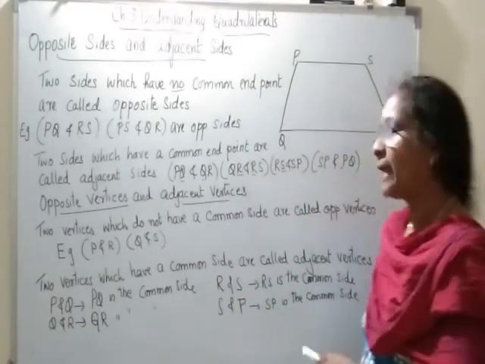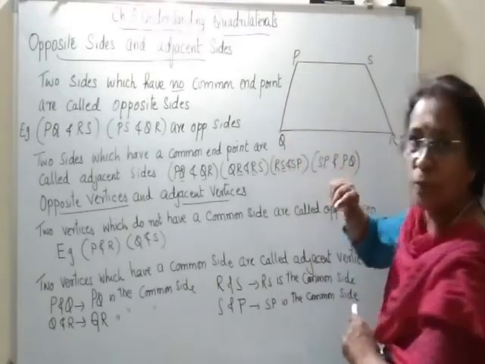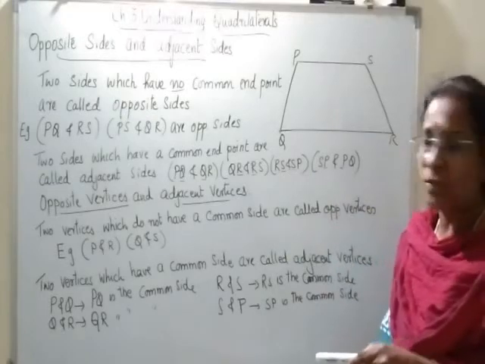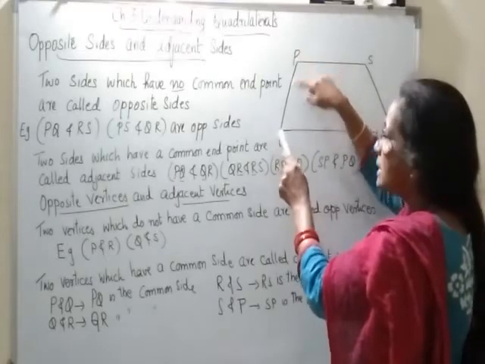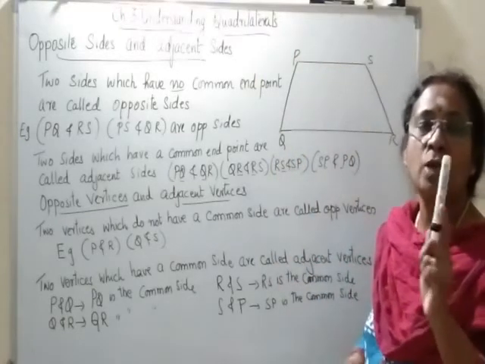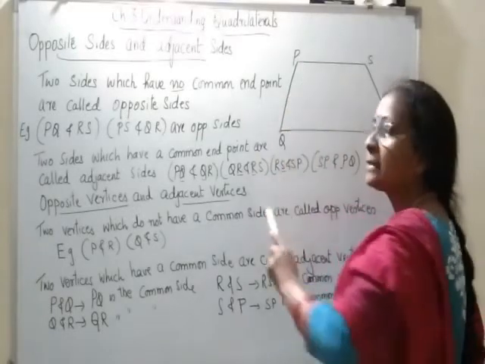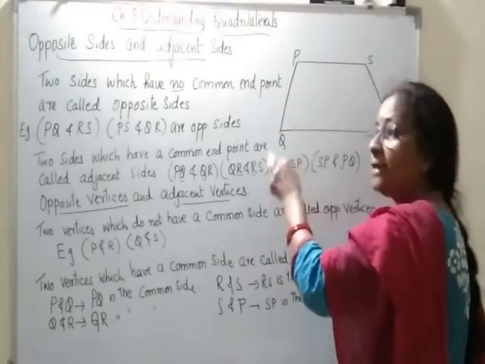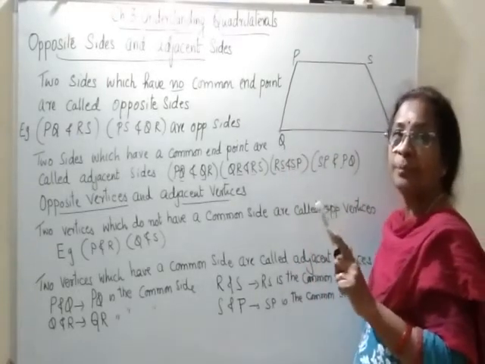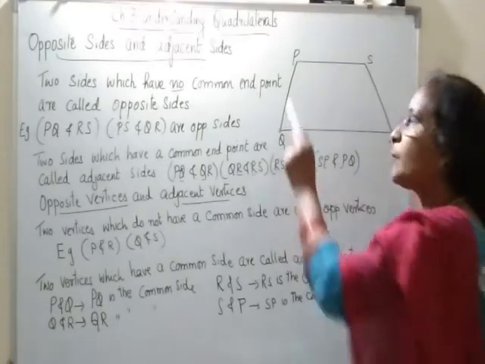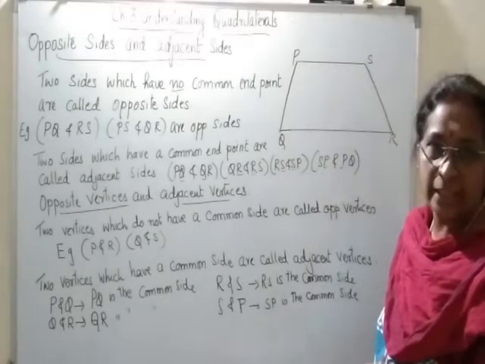Similarly, if you take vertices, you see this vertex and this vertex. If you take P and Q, first thing, they are nearby vertices. Second thing, common to these 2 points P and Q, there is a side PQ, or PQ connects P and Q. If a line segment or a side connects 2 vertices, or if there is a common side for both the vertices, then those vertices are called adjacent vertices.